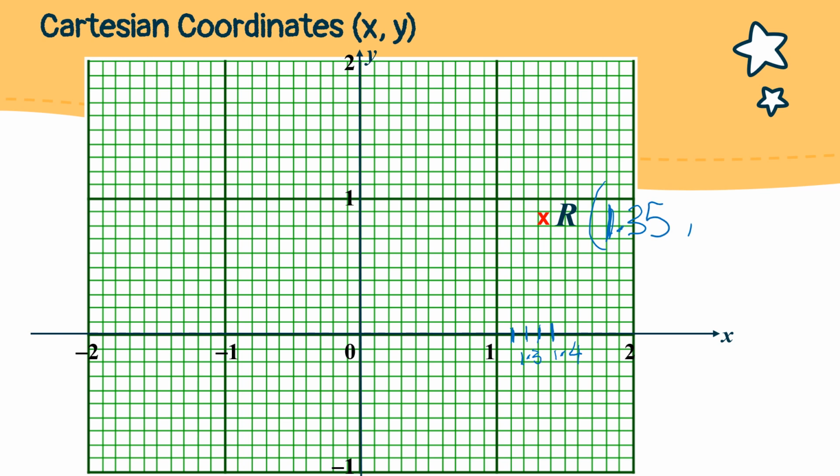Likewise, we will have 0.1, 0.2, 0.3, 0.4, 0.5, 0.6, 0.7, and 0.8. Next line will be 0.9. So the y-coordinate is actually between 0.8 and 0.9. So it must be 0.85.